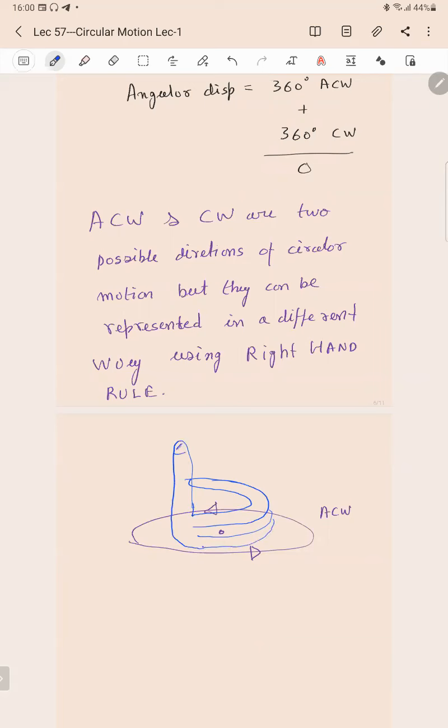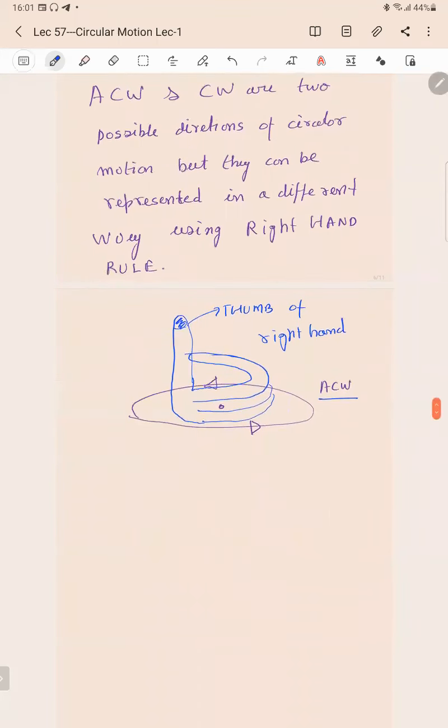Are you getting it? I am taking my right hand, this is the thumb of my right hand, and I am curling my fingers such that the thumb is pointing up. So the anti-clockwise direction can also be called along the axis outside the plane.